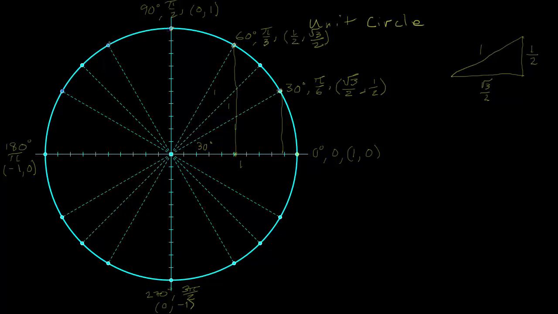This point right here is 120 degrees. And 120 is double this angle, double 60. So I'm doubling pi over 3, which is 2 pi over 3.